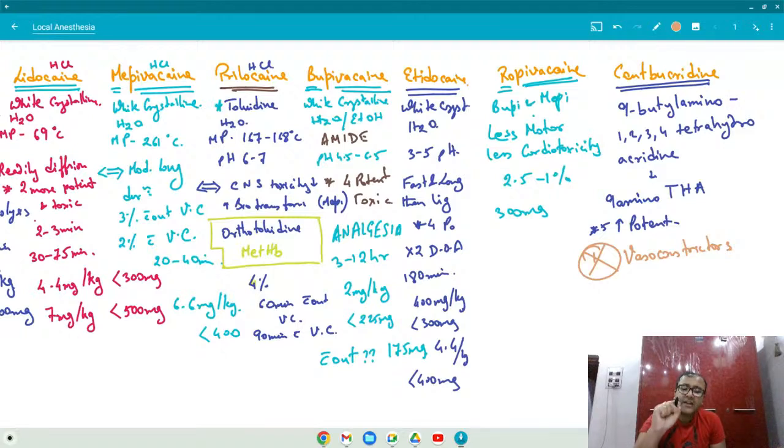It is constricting, so definitely it has got fallopian occluding properties, and definitely it acts as a CNS stimulant. It can act on the CNS as a stimulant as well as a depressant, like a vasodepressor.